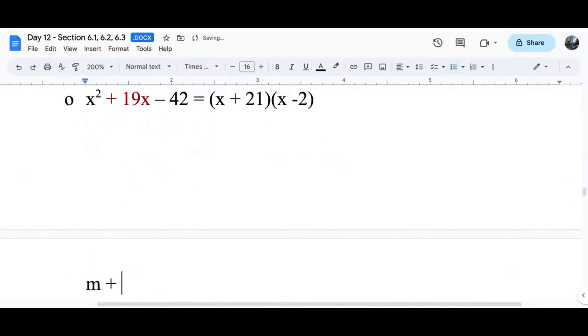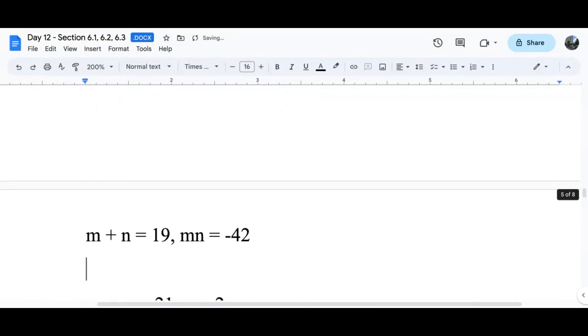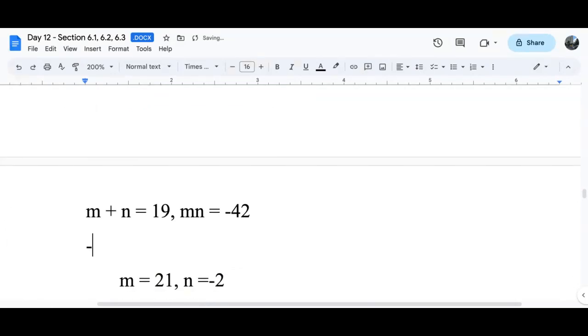So M plus N equals positive 19, and M times N equals negative 42. We're thinking negative 42 can be factored as two factors. One is positive, one is negative, and it adds up to be 19.